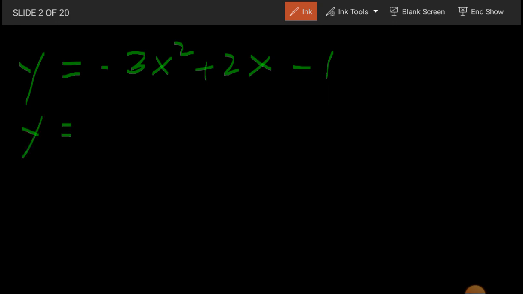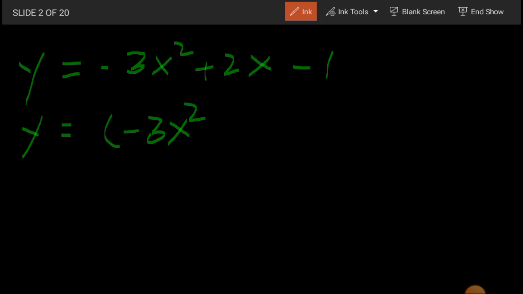Okay, what if we have y equals negative, let's say, 3x squared plus 2x minus, let's say, 1. Okay, so again, you group the terms having x only.